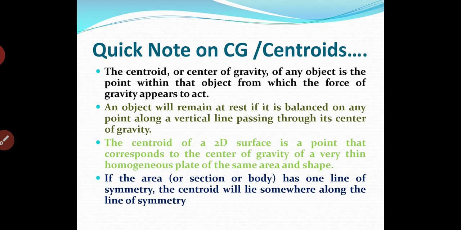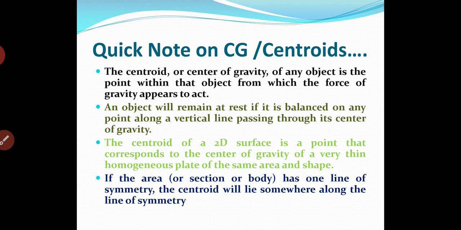A quick note on the CG and centroids. The centroid or center of gravity of any object is the point within that object from which the force of gravity appears to act. An object will remain at rest if it is balanced on any point along a vertical line passing through its center of gravity.